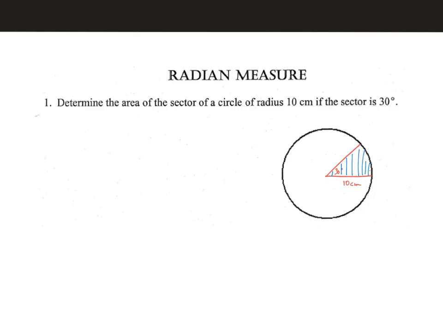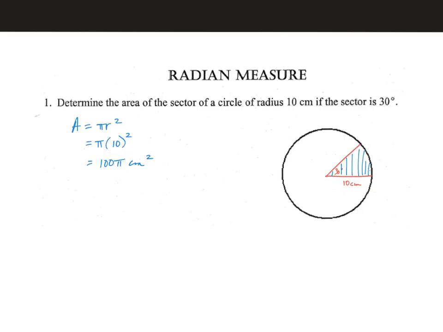So the first thing that we may consider is, what's the area of that full circle? Hopefully we're good that to calculate the area of a circle, we have the relationship pi r squared. You can then make the substitution that your radius is 10, and we're going to get down to 100 pi centimeters squared.